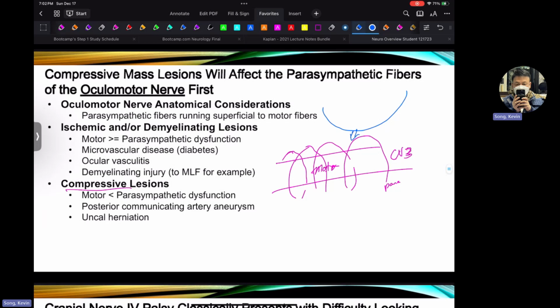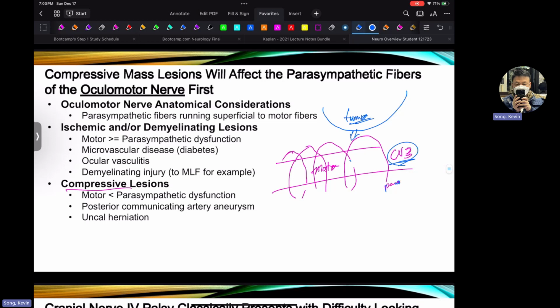If something is compressing, some tumor or whatever, what do you think? See this outside? The outside is the parasympathetic. Inside is the motor neurons, because CN3 is the oculomotor nerve, right? CN3 is basically two parts: one is the parasympathetic part, and one is the motor part.